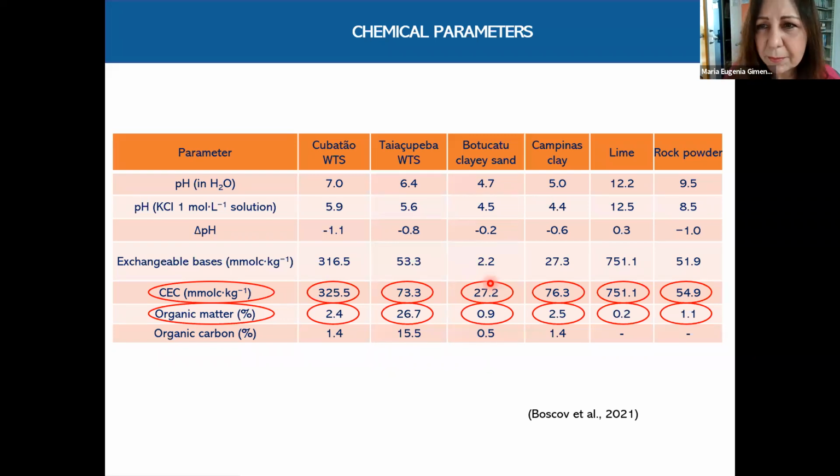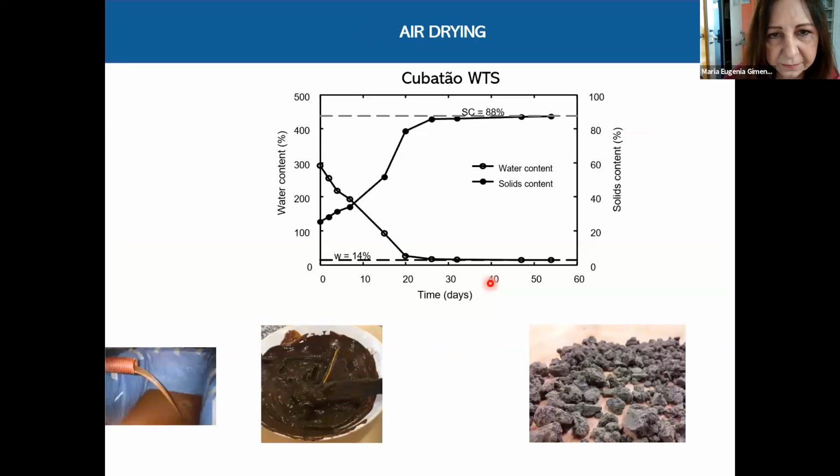Lime is added for pH correction and also for coagulation, and probably these calcium cations were computed as exchangeable cations and yielded this high value. The same occurred with lime. Lime is composed of calcium, so this value has no meaning as a cation exchange capacity.